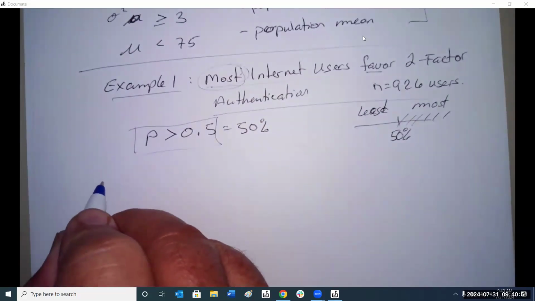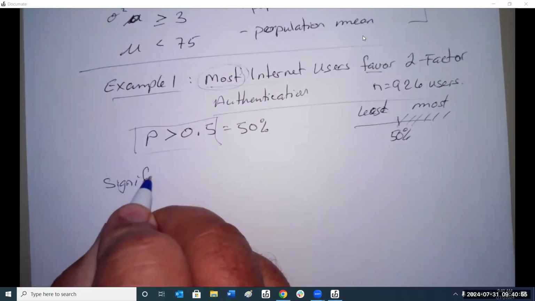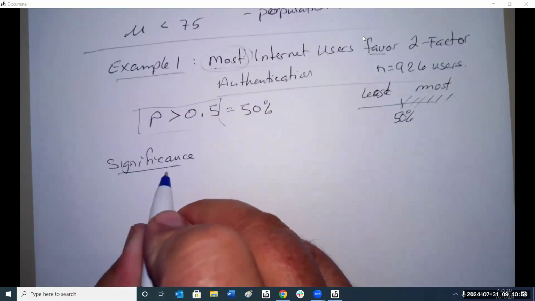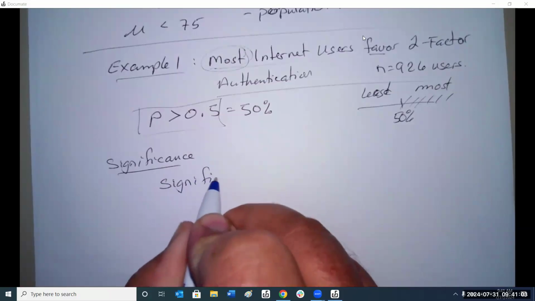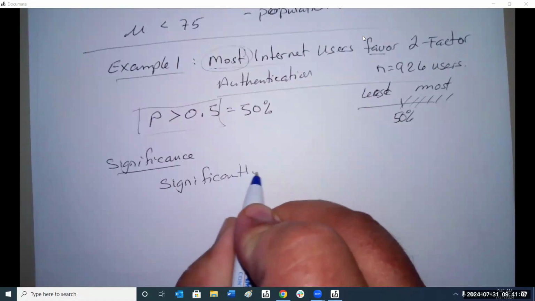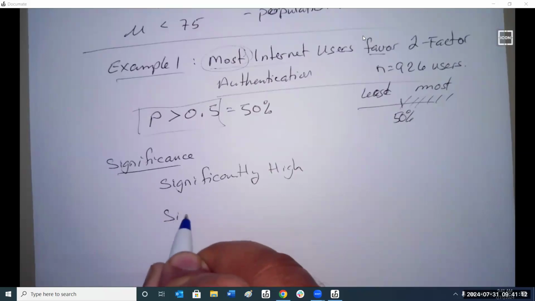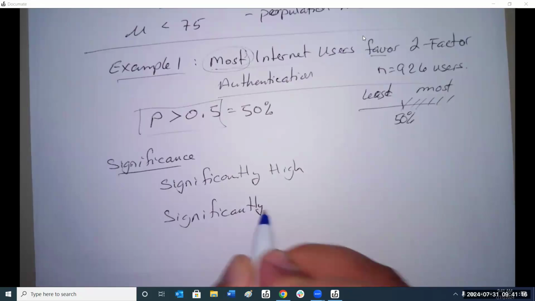We also talked many times about significance. Is it significantly high? Significantly low?